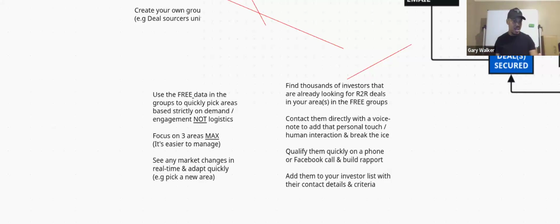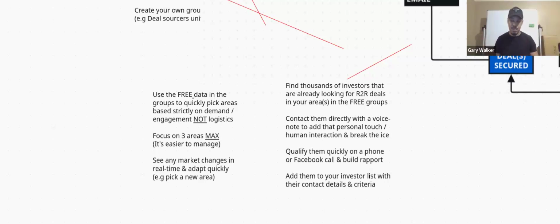But if you go into the actual groups and type those areas in the search box, you'll be able to see. Similar to what you've done with the search to find the groups, now you're in the groups, go into them and type in the search box a specific area you've got in mind, hit enter. Then you'll be able to scroll through and see all the posts associated with that area.